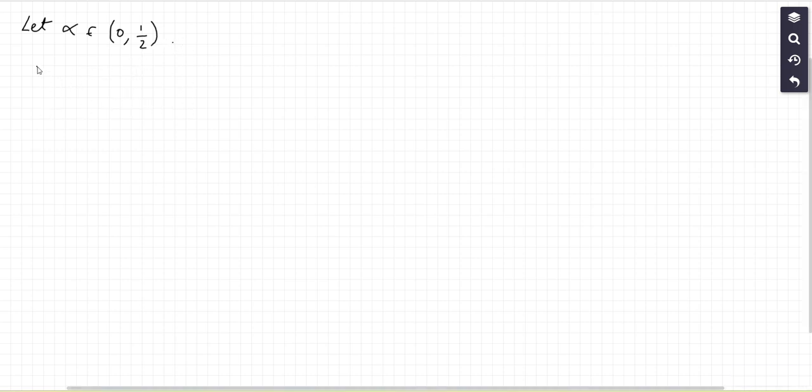And if that's the case, then there exists an n such that, so I'm just trying to sandwich it between two reciprocals of n, 1 over n plus 1 is less than or equal to alpha, which is less than 1 over n.